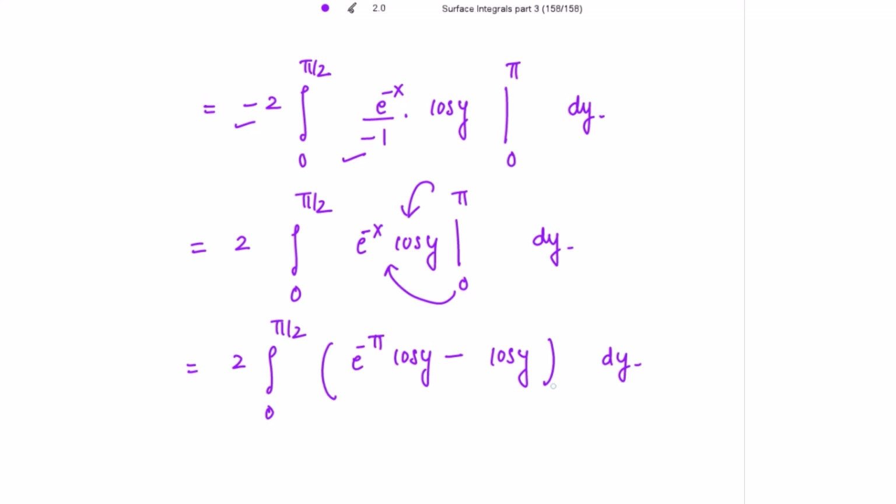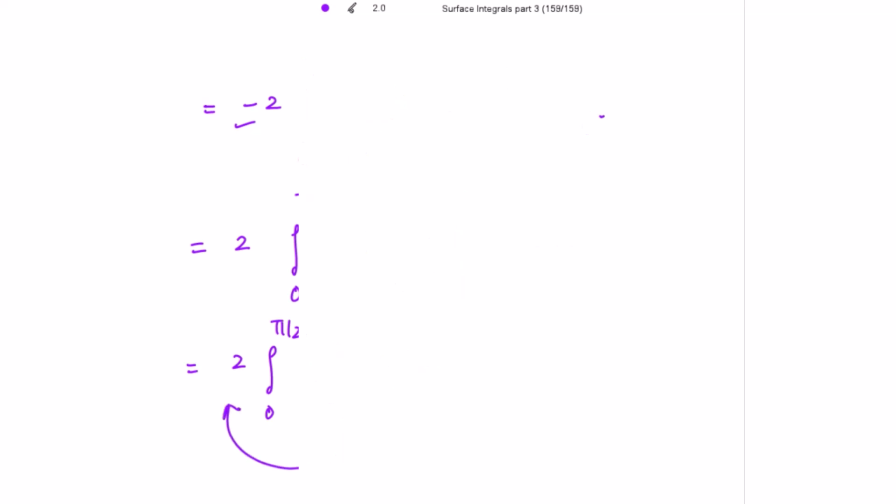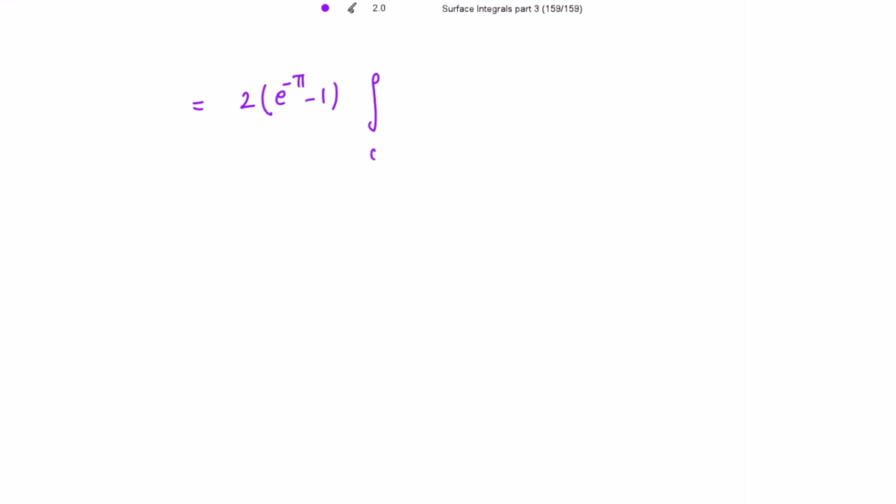We can take cos y common from here and we get (e to the power minus pi minus 1) into cos of y, right? And now taking this constant outside of this integral, this is twice of (e to the power minus pi minus 1) and the integration from 0 to pi by 2 of cos y dy.